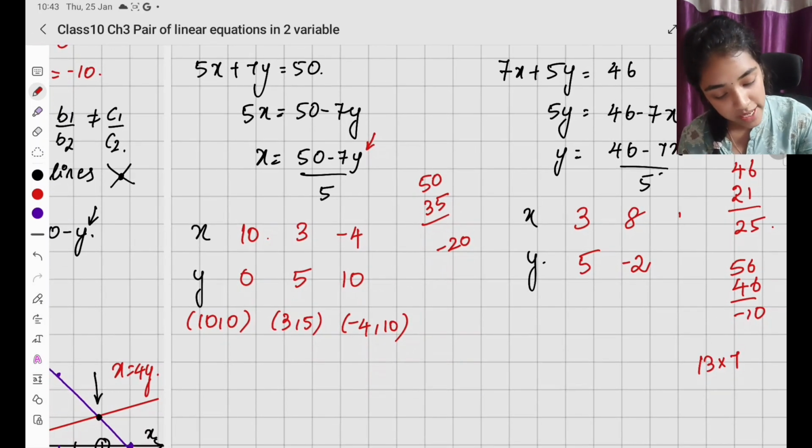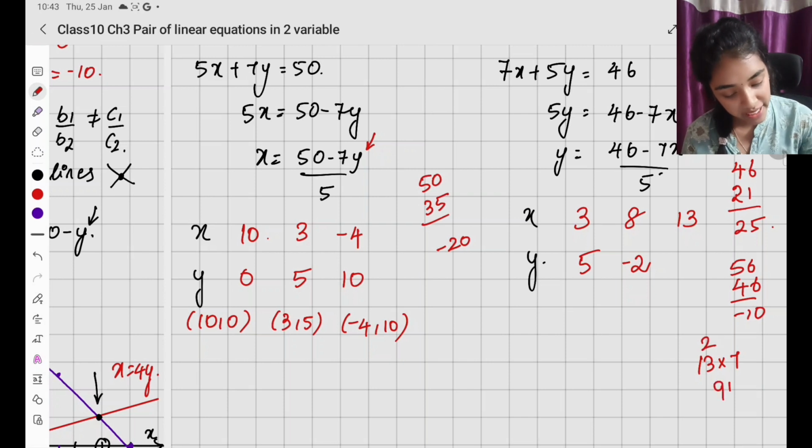When I substitute the x value to be 13, we have 7 3s are 21, 7 1s are 7, so 91 minus 46, which is going to be 45. So 45 divided by 5, which is going to be minus 9.